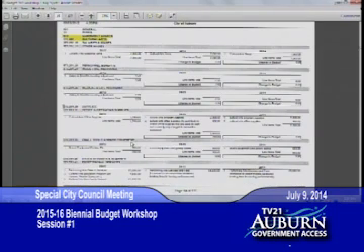Then this is the mind-numbing part. What finance does, what we don't include on these sheets, finance runs all the salaries and benefits. We have a position budgeting module that has every staff position in it, and we run that module based upon the incumbent and what step the incumbent is at and what their level of benefit is.